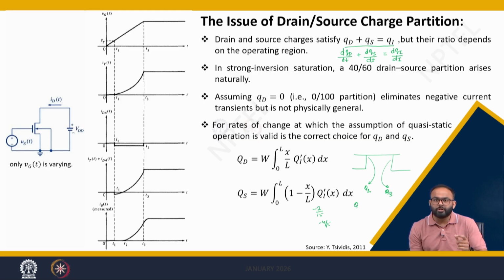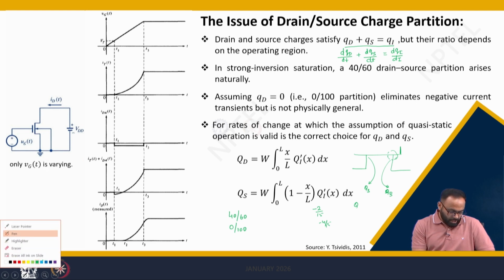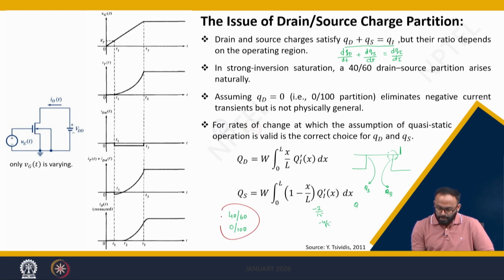That is why the ratio is not 50-50. So the ratio can be 40-60, or in some sense we said that when you operate the MOSFET in strong inversion, there is a pinch-off. Because of the pinch-off, the ratio can be 0 and 100. So because of these two problems, what is the ratio you need to use?